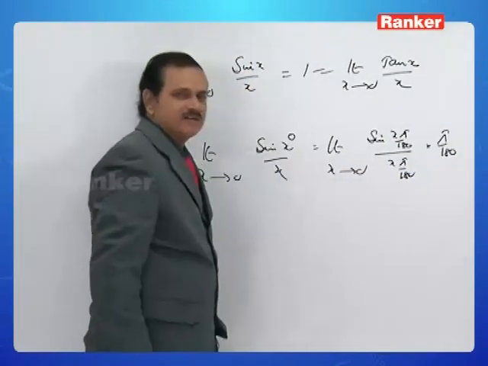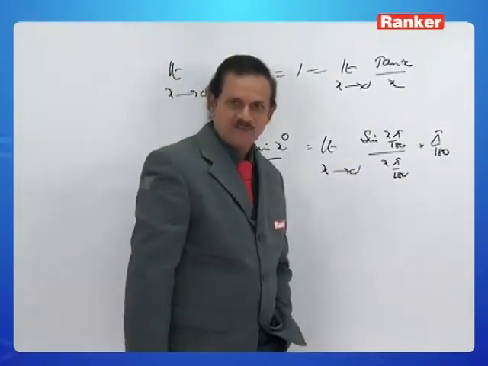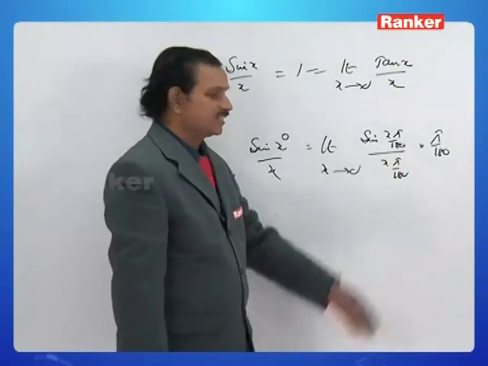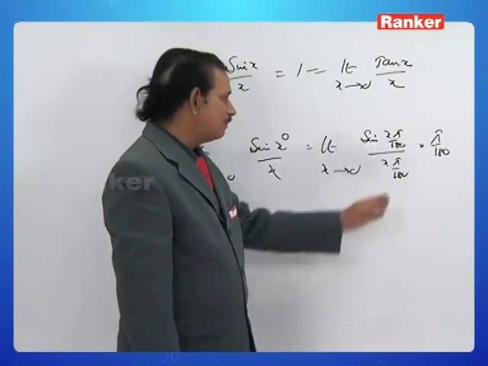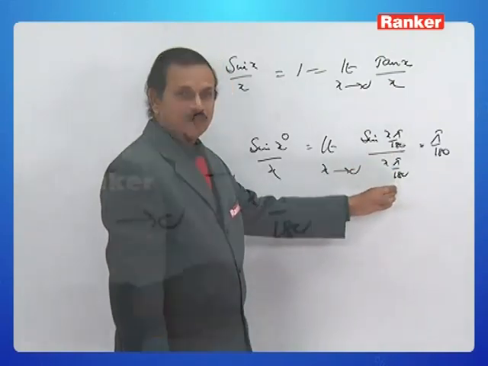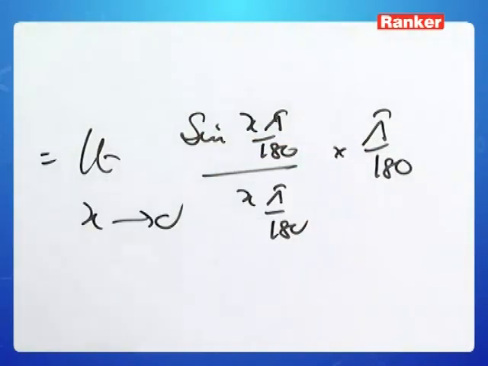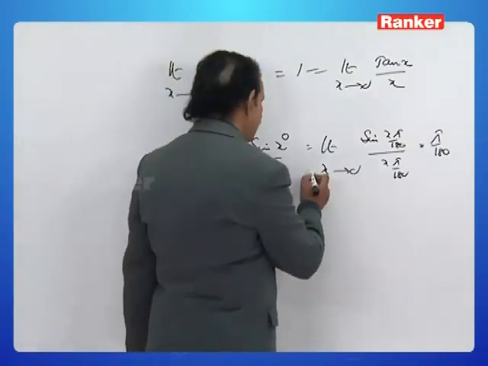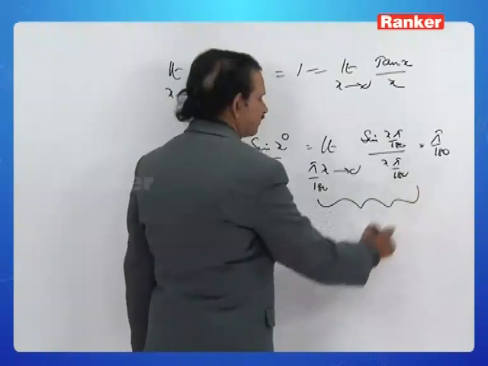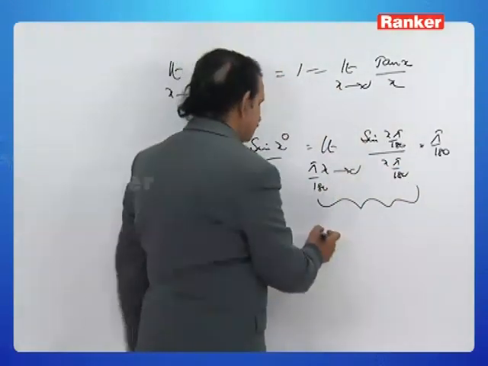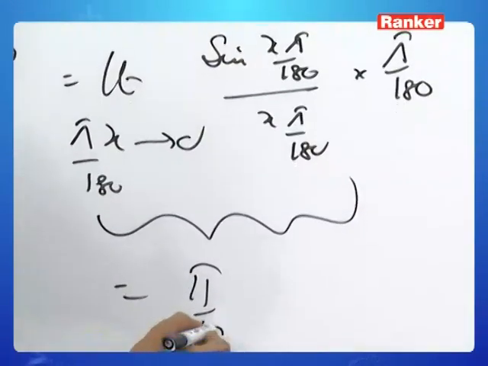I think you might have understood what I could have written here. X degrees means x pi by 180 radians. Here it is only x. To use the formula, I have written x pi by 180. To get it cancelled, I have taken pi by 180. Of course, multiply this with pi by 180. This part is of course 1. 1 into pi by 180 is pi by 180.